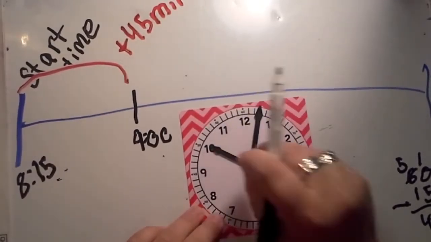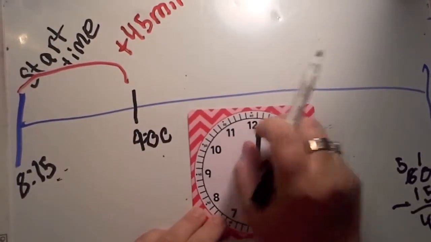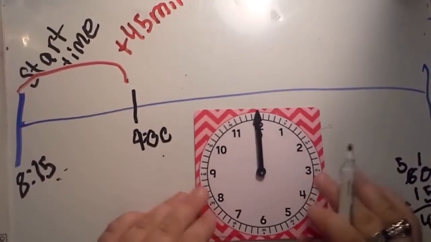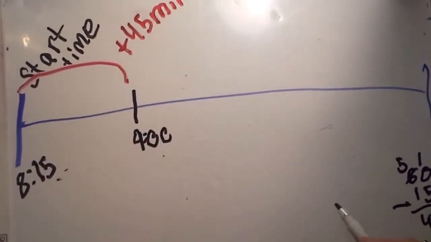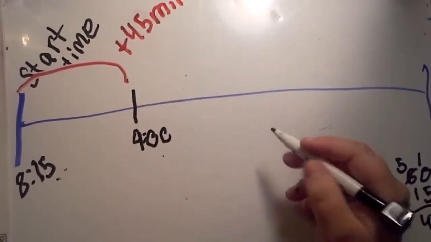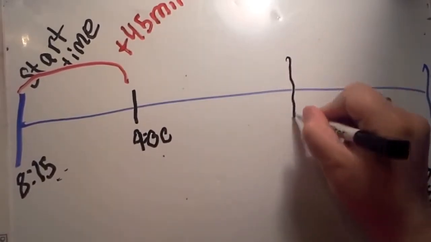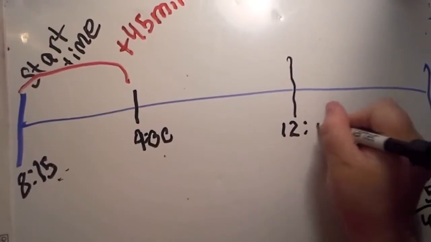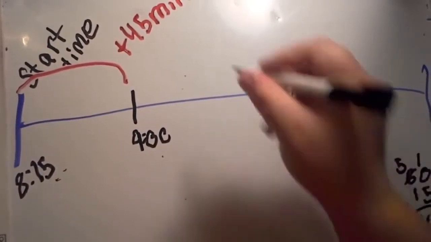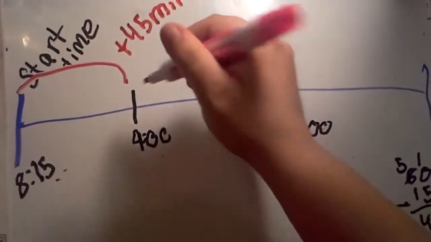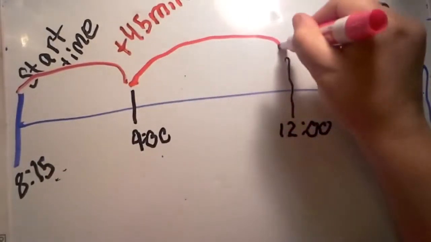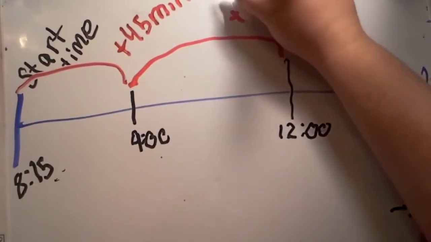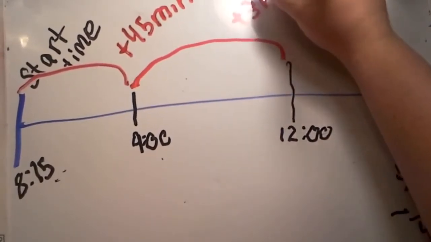This means that I would add 3 hours. The way I show that is the same as 45, but I'll make another mark here. And this would be 12 o'clock because that's our end time. And then I would add another hop. And I would label this plus 3 hours.